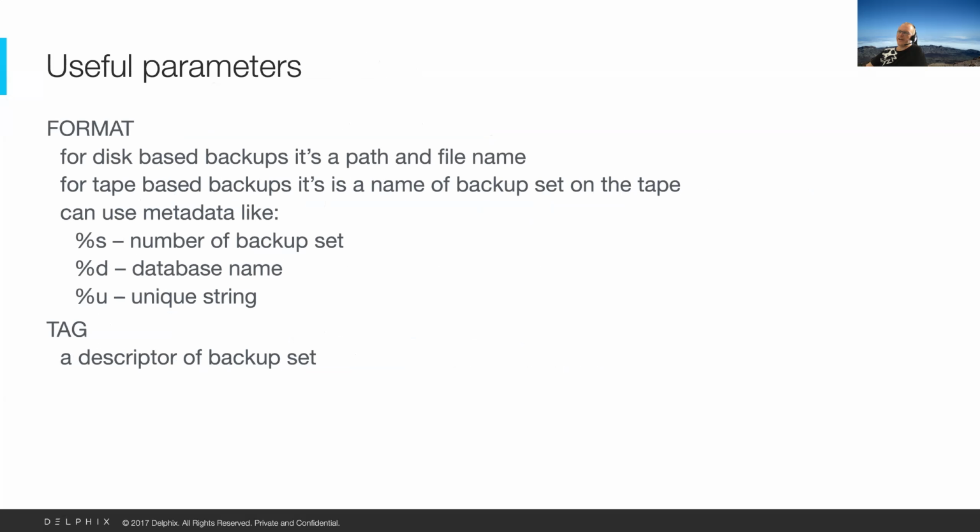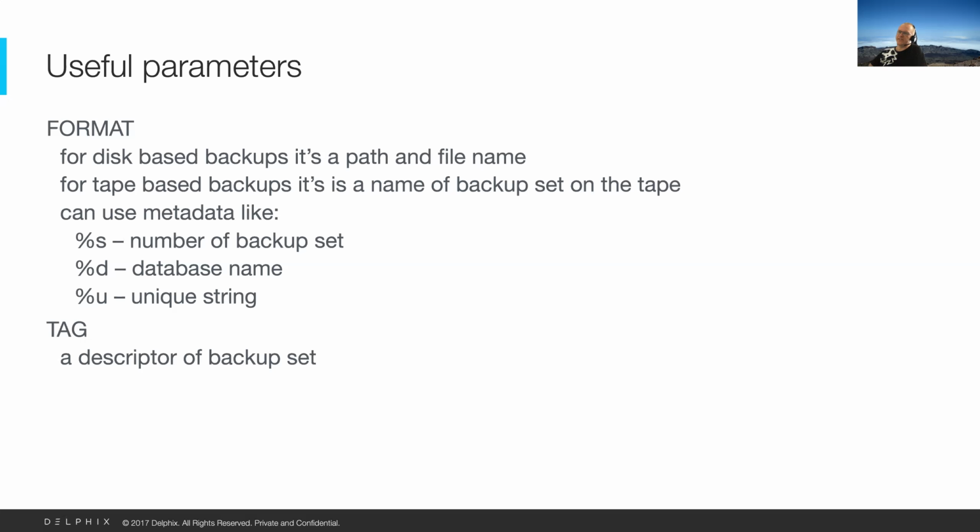When you're configuring the location of the control file, you can specify the format. The format shows you the path and the file name where the backup will be created, if the backup is created on disk; for tape, it is the name of the backup set. So you can use the format to specify the location of your auto backup control file, but you can also use format to specify a location for any backup you want.